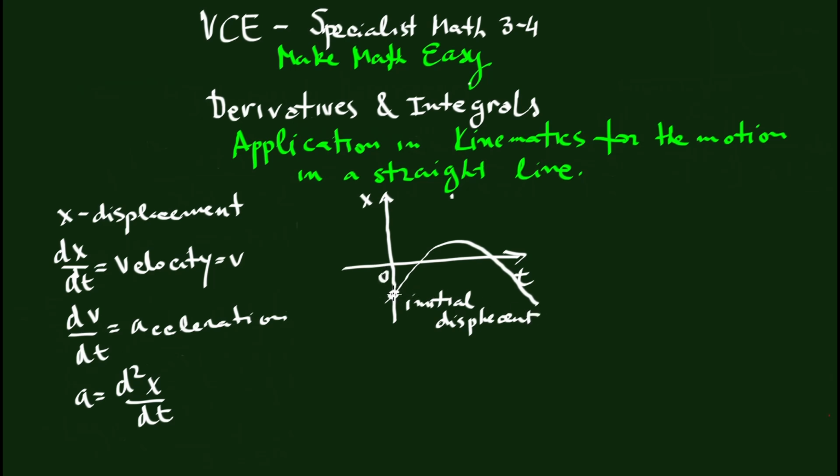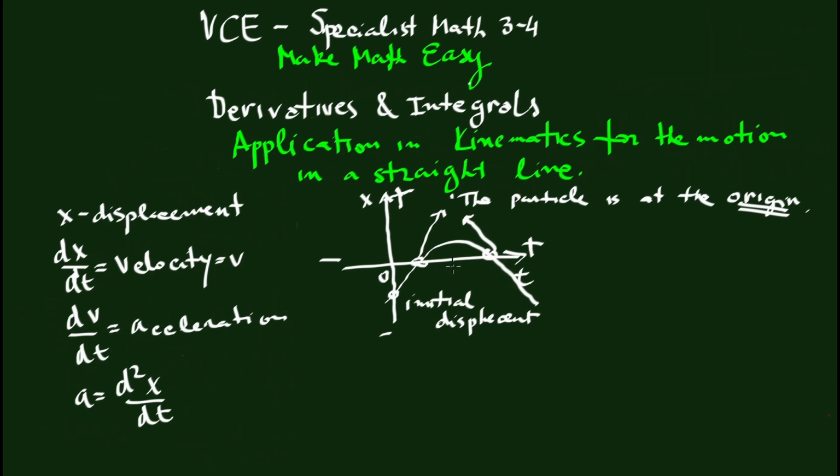It's to the left of the origin, because here we have plus and here is minus. Where the displacement is 0, it's at the origin. So here and here displacement is 0, so the particle is at the origin. So you have to have that reference point of origin.